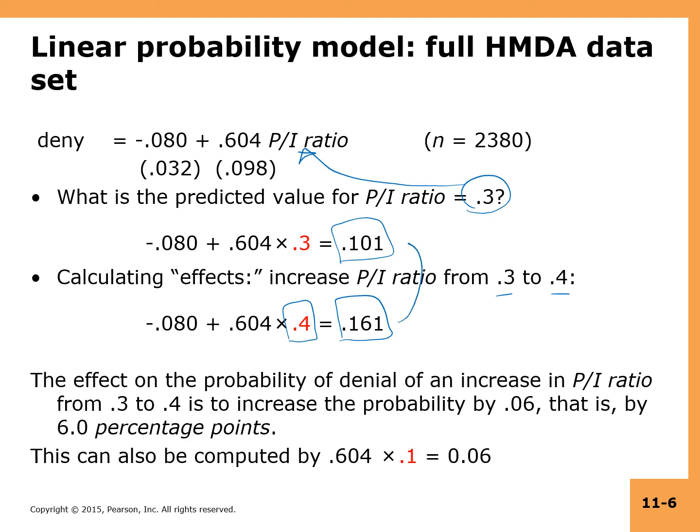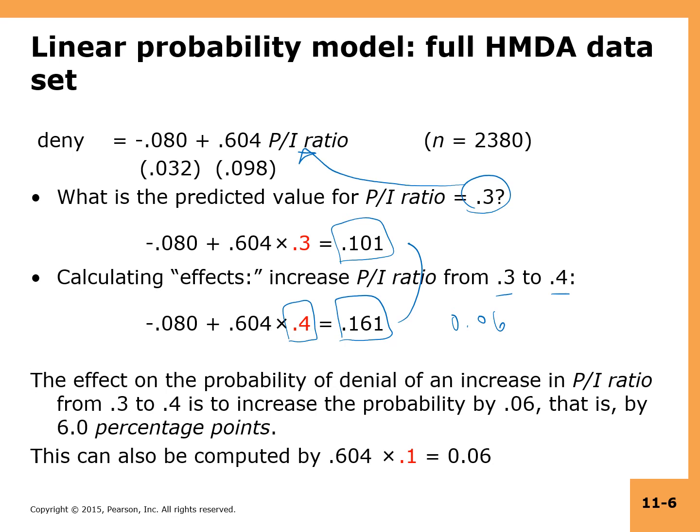Whatever the difference between the two is would be the effect of increasing the PI ratio from 0.3 to 0.4. In this case, the difference is 0.06, or 6 percentage points. To put it another way, if the PI ratio increases from 0.3 to 0.4, the probability of the application being denied increases by 6 percentage points.